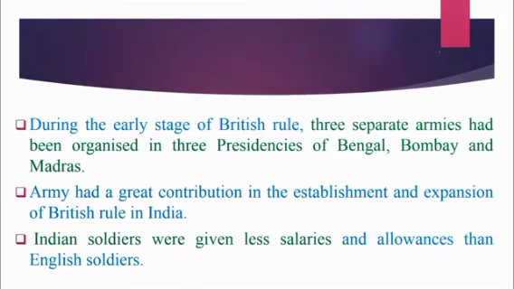During the early stage of British rule, three separate armies had been organized in the three presidencies of Bengal, Bombay and Madras.